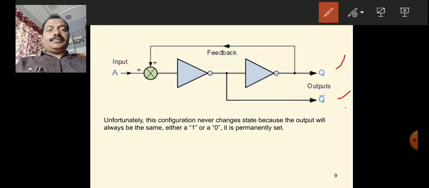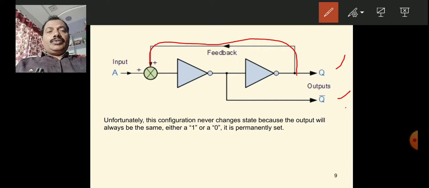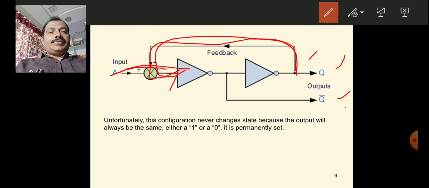If the output is fed back like this to the input A, this will act as a memory element. That means it can store 1-bit information.